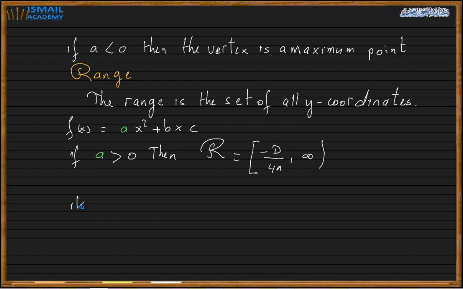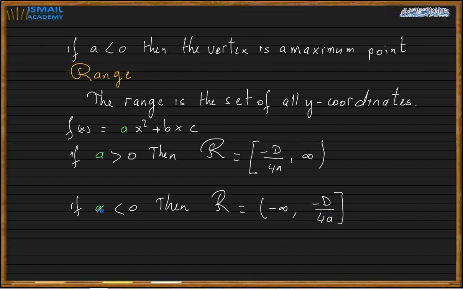And if a is negative, then the range will be equal to minus infinite, minus the discriminant over 4a. We put this bracket because we include that value.